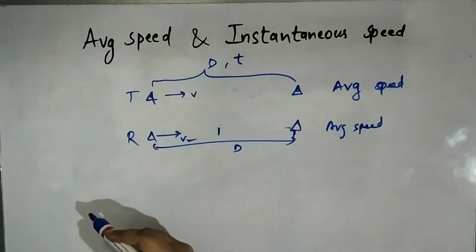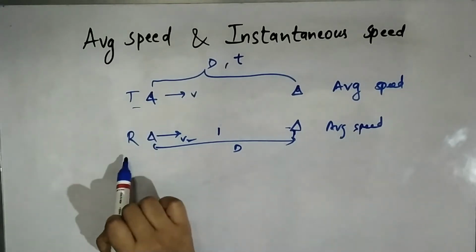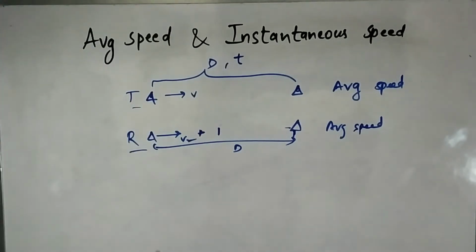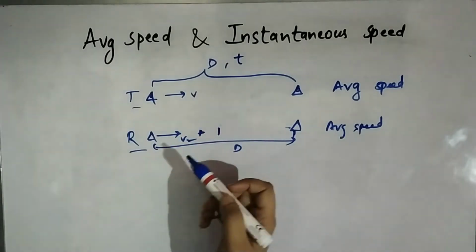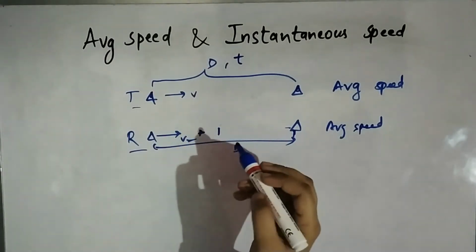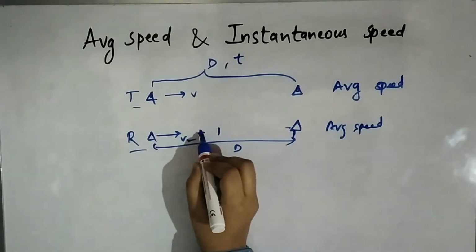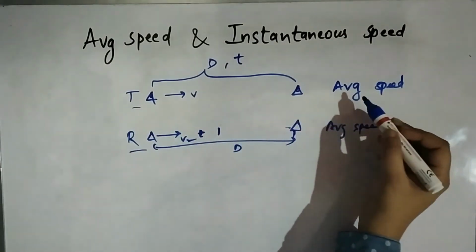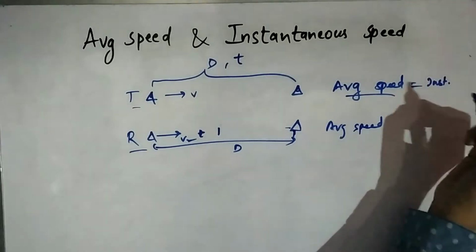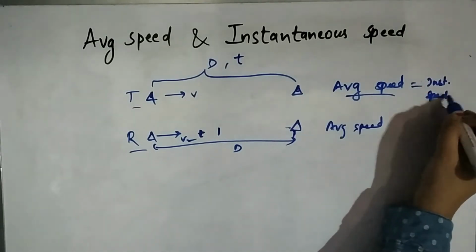While the instantaneous speed of tortoise will be less than the instantaneous speed of rabbit at, let's say, this time. Why? Because it was running faster, and the instantaneous speed is the speed at that particular moment. In case of tortoise, the average speed will be equal to its own instantaneous speed. It will not be different.